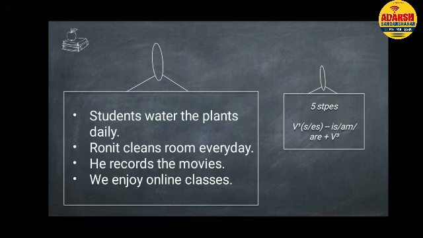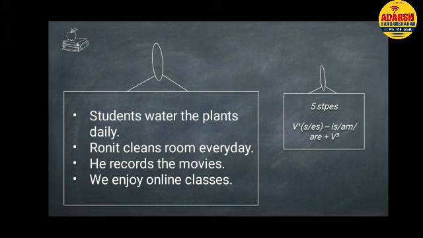Now students, this is your homework. Now let's check it. Students water the plants daily. Ronit cleans room every day. He records the movies. We enjoy online classes. So these 4 sentences you must convert from active to passive.